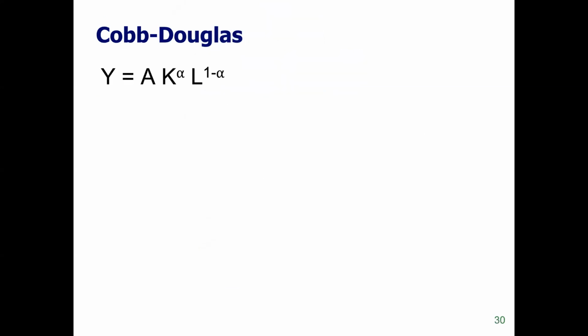Okay, we've talked about Cobb-Douglas a lot. Overall output is equal to the technology parameter A times capital to the alpha power times labor to the 1 minus alpha power. That's a little Greek letter alpha there. Now, suppose we divide by capital L, then we can do this.